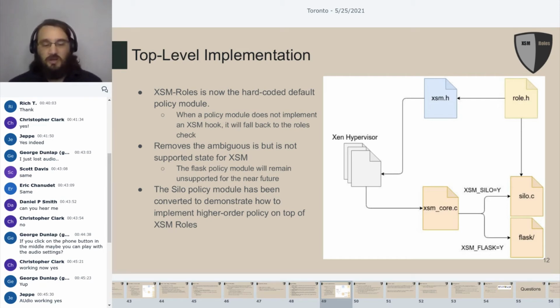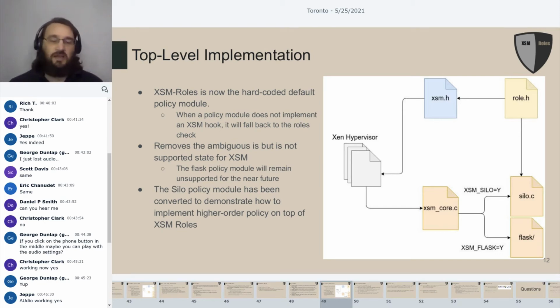These functions are always the ones that are called when the hook is called. For each hook function call, it checks to see if an XSM hook has been registered for that call, and the available XSM op. If it has, then it'll make that call to make the access decision. If it's not been registered, then it falls back and does the XSM role check.